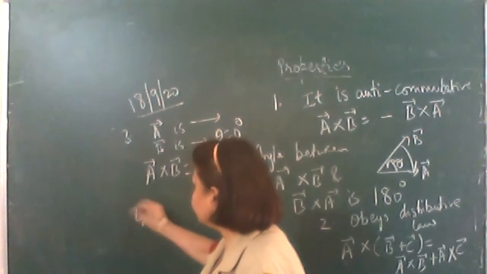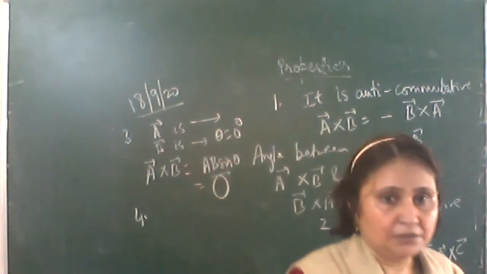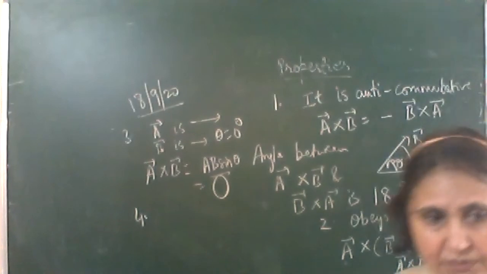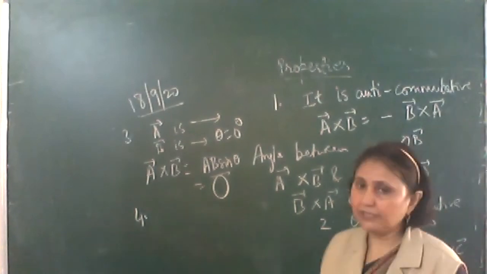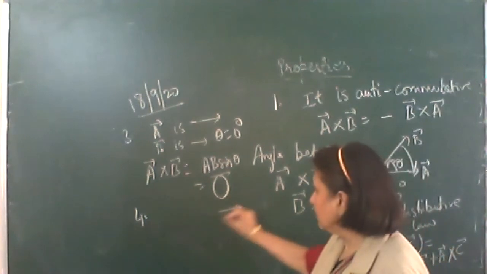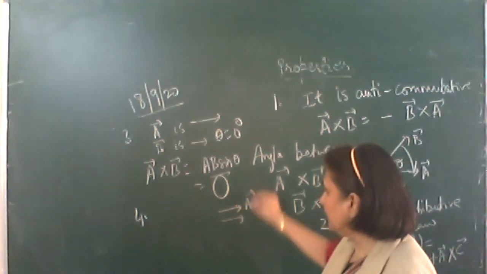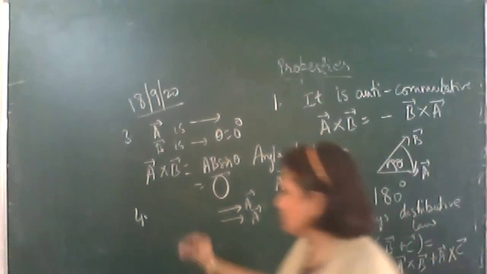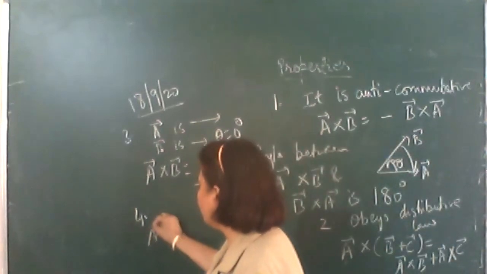Next, write down vector product of a vector with itself. Let there be one vector A. You have to find out the vector product with itself, that is, A cross A vector.